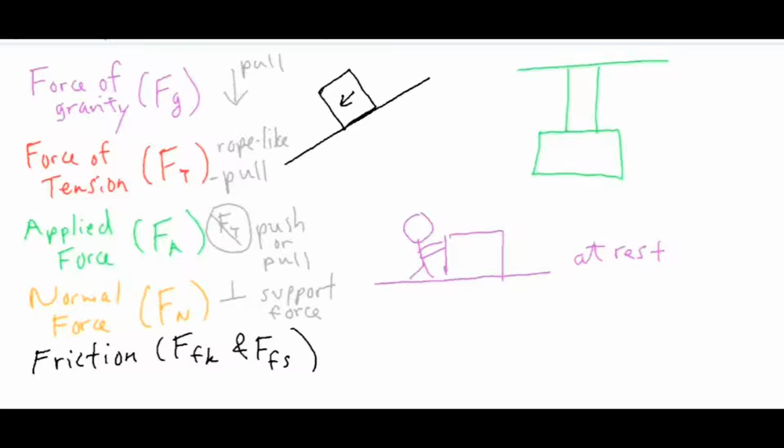And our last one, we have two different ones. We have force of friction, kinetic, and then static. The word static means at rest, and the word kinetic means in motion. The one that people are most familiar with is the force of kinetic friction.